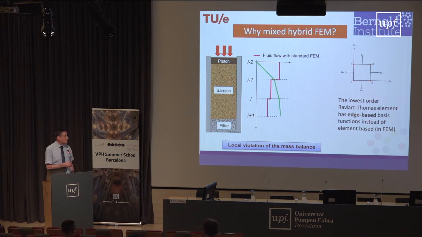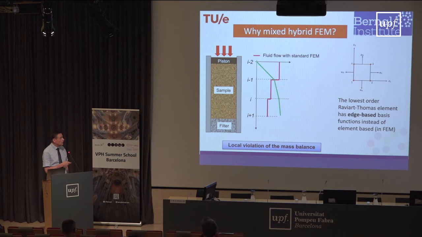And the simplest one which you can think of, which accounts for local mass balance, forces local mass balance to be true, is one of this type. In 2D, you simply have a square element with unknown displacement on the corners, and you account for the flux through each of the sides, the edges, as degrees of freedom on top of the displacement.